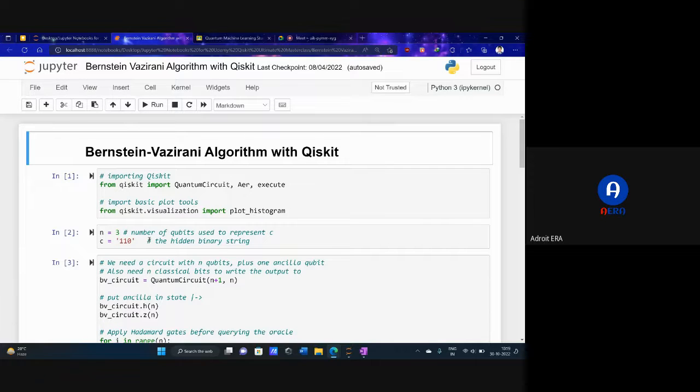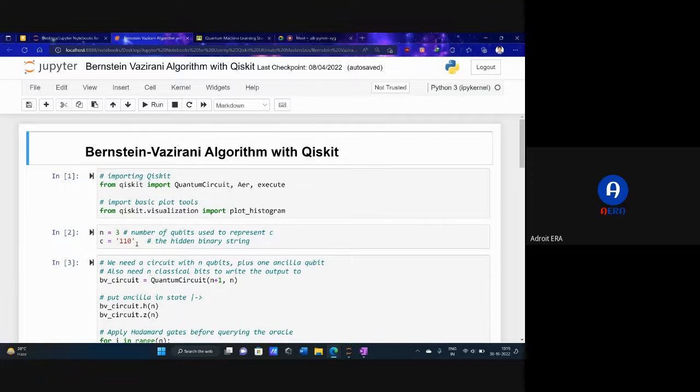So similarly here, the c which you see, the hidden binary string, is basically your a. The variable is changed, but you can name it a as well. That doesn't matter. The number of qubits used will be 3, so the first register has 3 qubits.